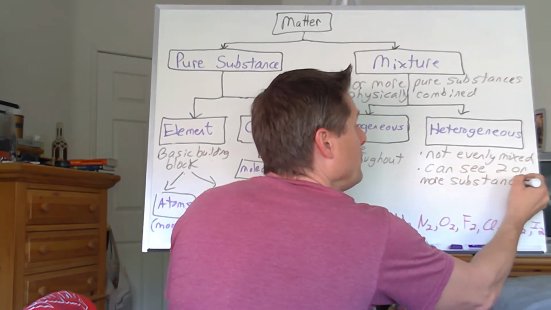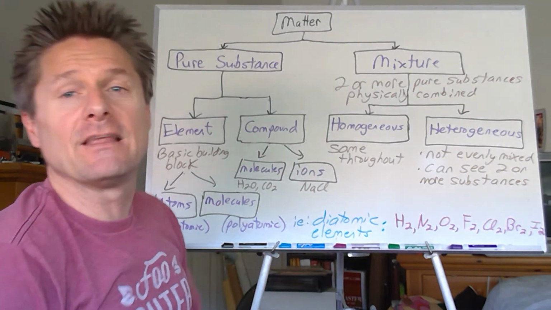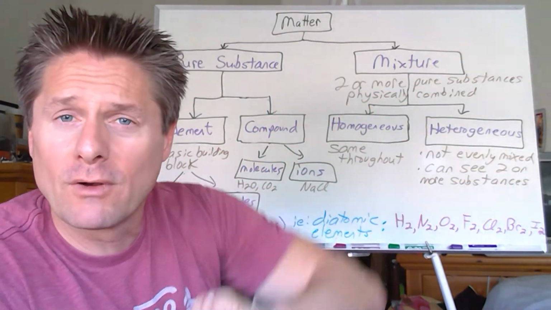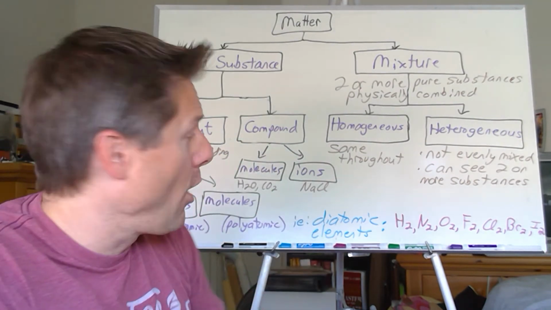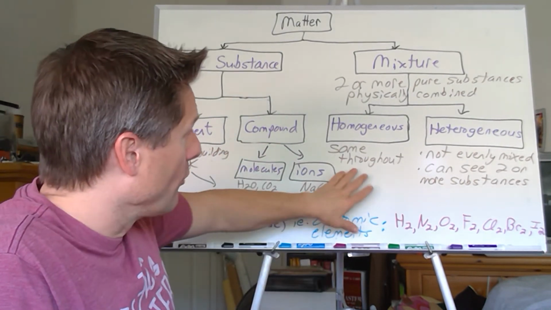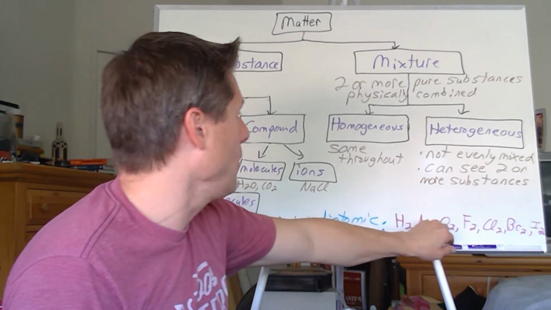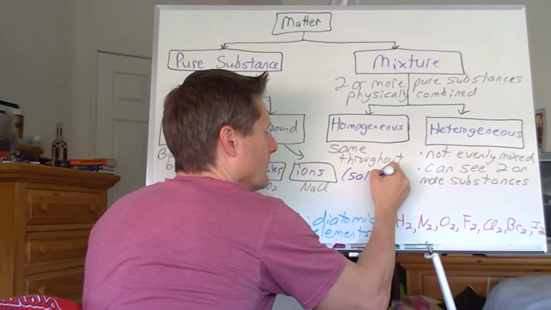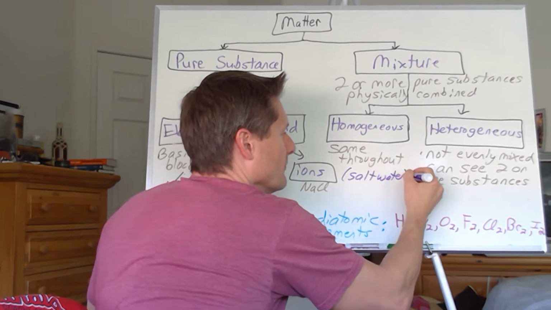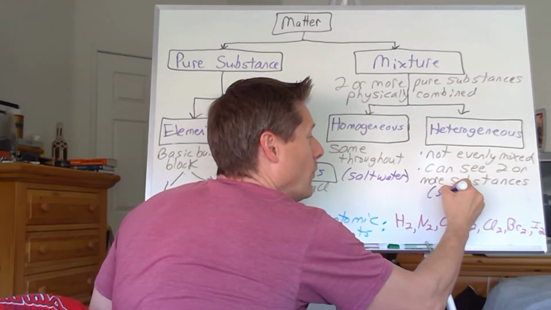Whatever those pure substances are, you can see them. Like I said, like the ice cube over liquid water. Those are the same pure substance, but they can be two different things, the sand and the water or whatever. So a great example for homogeneous, like I said, is salt water. And this would be like sand in water.